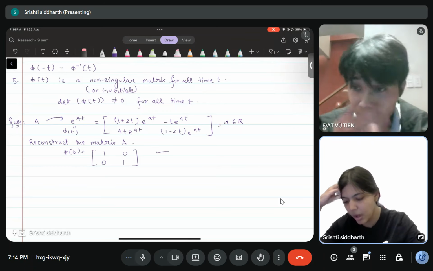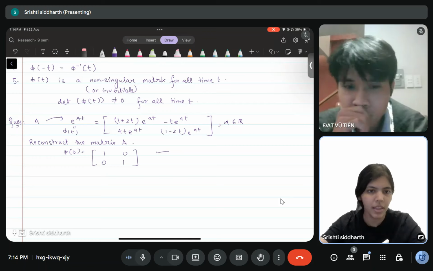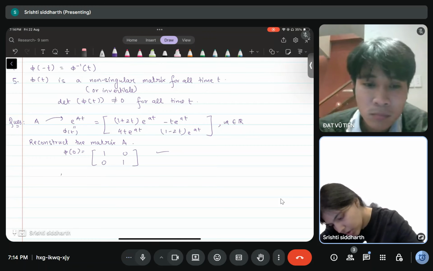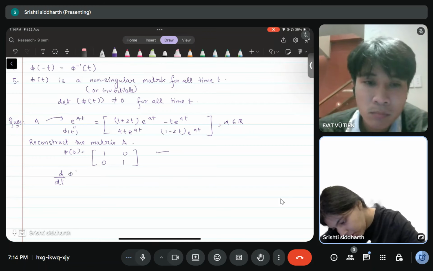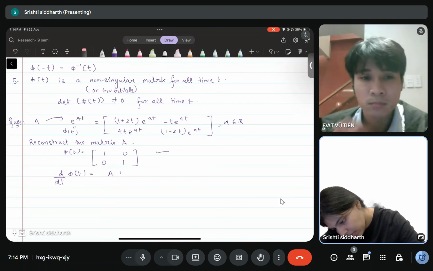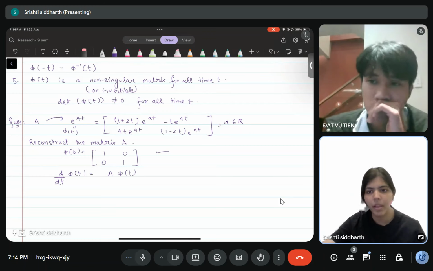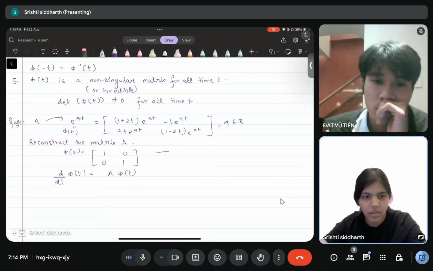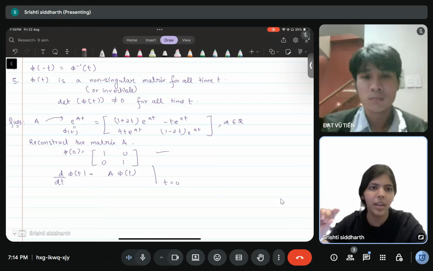And how do we relate the state transition matrix and the A matrix? That's by this differential equation, right? This is phi dot of t equals A phi of t. And since A is a matrix of the LTI system, we can actually compute this at any time, let's say 0, and we can get the A matrix back.